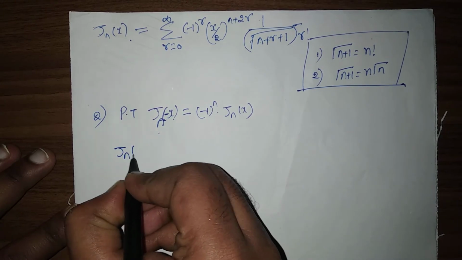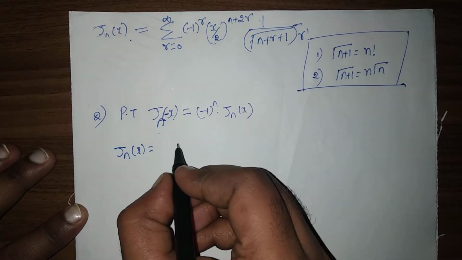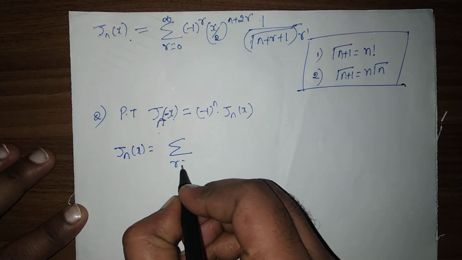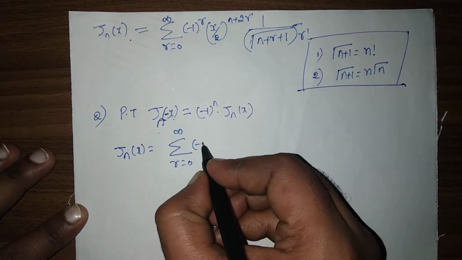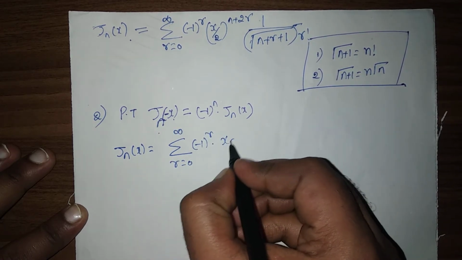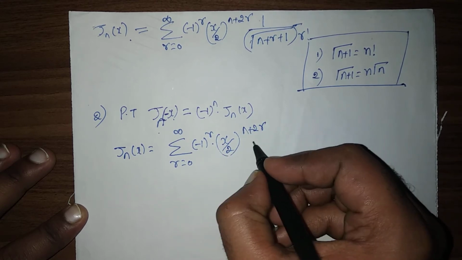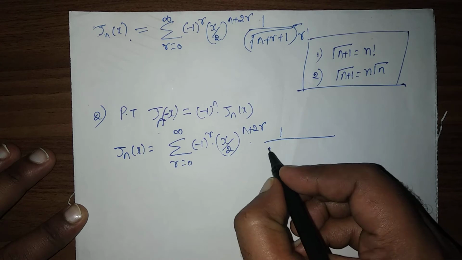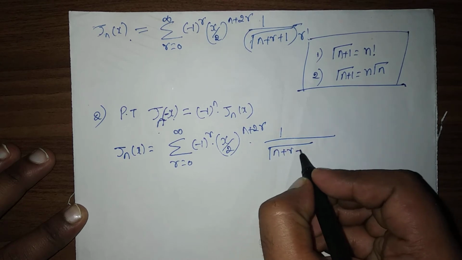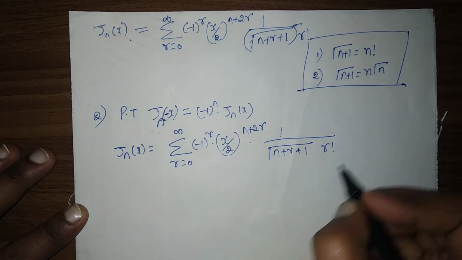First let us write Jn of x. You know what is Jn of x? Summation r varies from 0 to infinity, minus 1 to the power of r, x by 2 to the power of n plus 2r into 1 divided by gamma of n plus r plus 1 into r factorial.